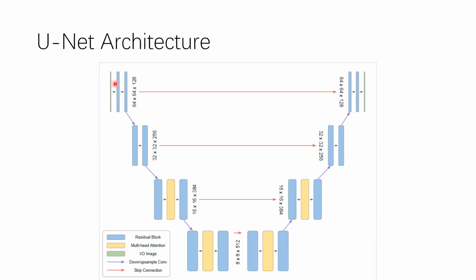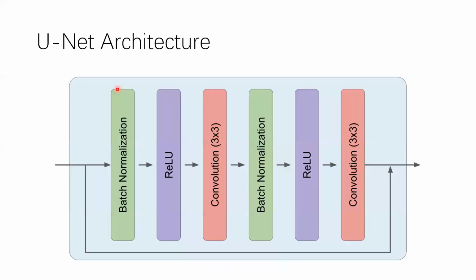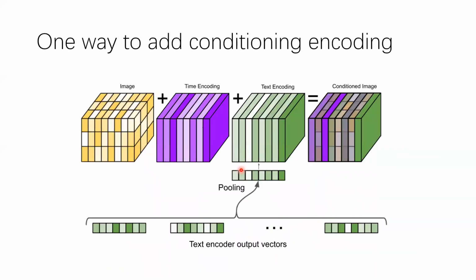And here there's a residual block. The residual block looks like this. It is batch normalization plus ReLU plus a convolutional network. And maybe people will ask how to condition on the text encoding and the resolution of the images.